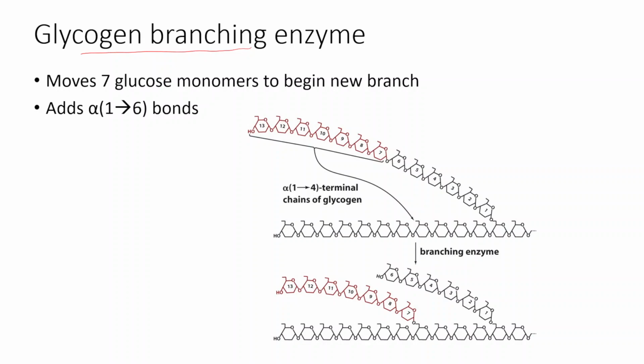What glycogen branching enzyme does is it will take the last 7 glucose monomers from a linear chain, and move them onto one of the other glucoses in that large glycogen molecule and create an alpha-1,6 bond there to create a branch. So here we have seen in red these 7 glucose monomers. They're broken off from that alpha-1,4 linear chain and used to attach somewhere else on that linear portion as an alpha-1,6 branch point.